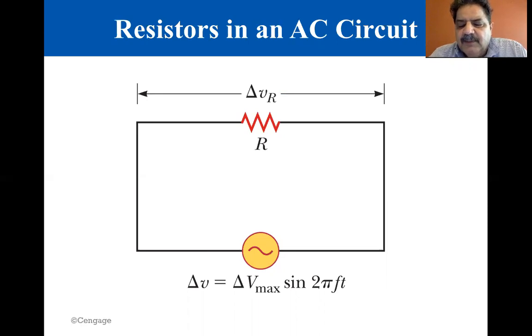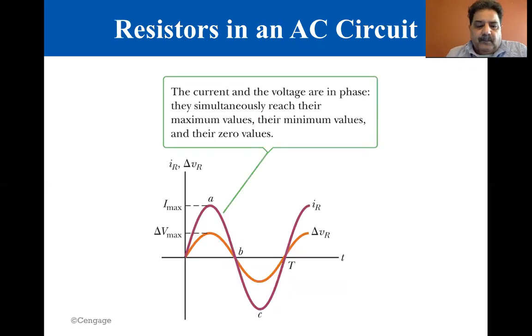Let's consider a simple circuit consisting of a resistor and an AC source as shown in the figure. Take a look at the current versus time and voltage versus time curves for the circuit in the previous slide. At point A in the curve, the current has a maximum value in one direction, which we will arbitrarily call the positive direction.